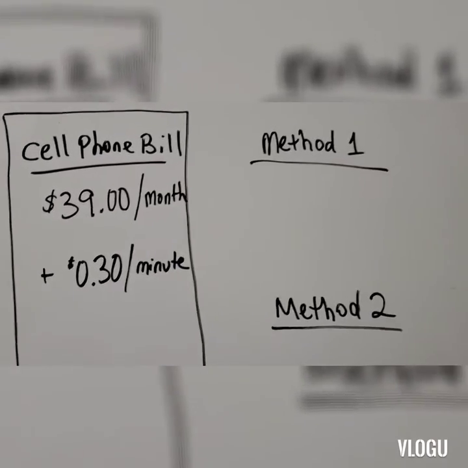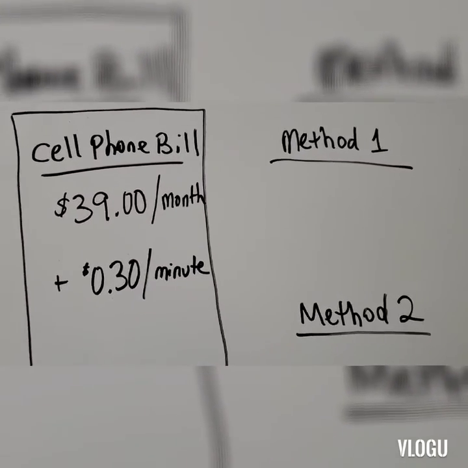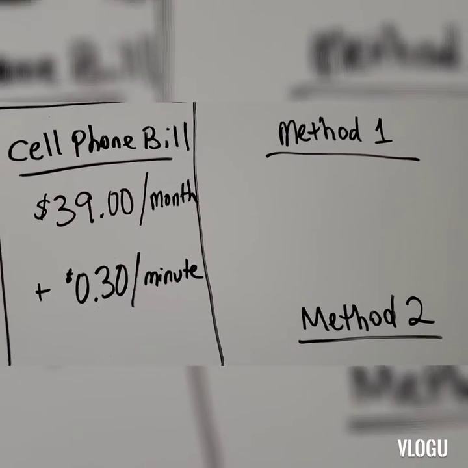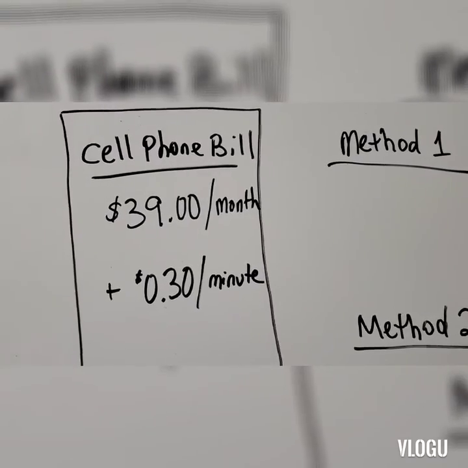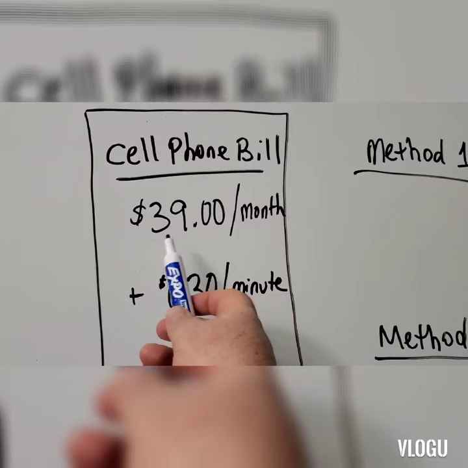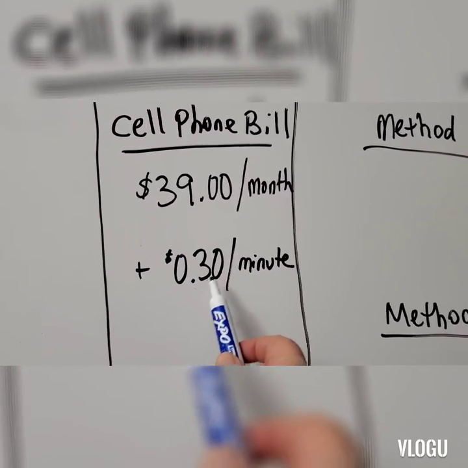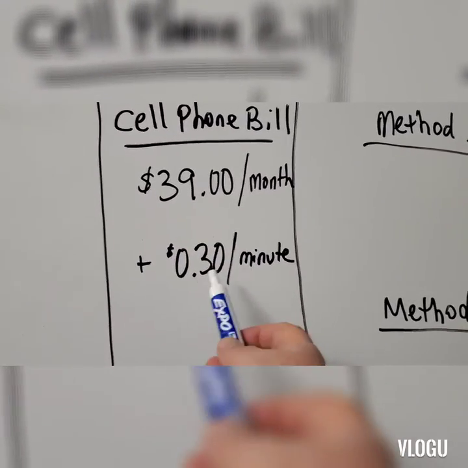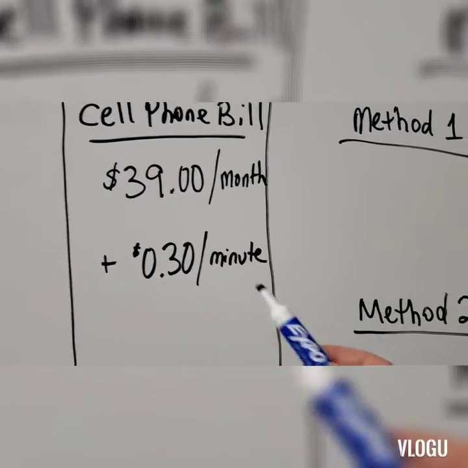Okay, there are two ways to do this. The first way is to look at the money as whole numbers and a decimal number, because that's what it is.